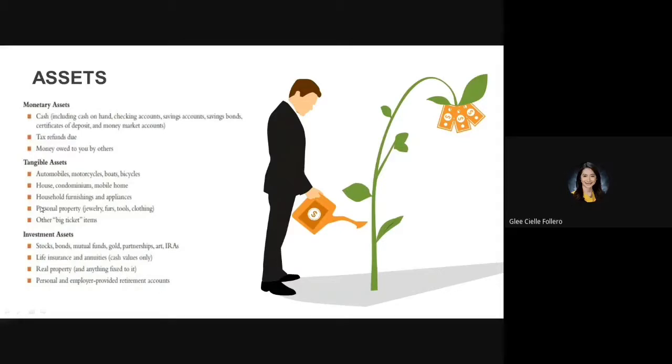While for the purpose of providing maintenance of one's everyday lifestyle, dito yung nagfa-fall sa tangible assets. So yung mga cars, vehicles, house, may mga condo kayo, personal property such as jewelry, furniture, tools, and clothes, tangible assets yun.